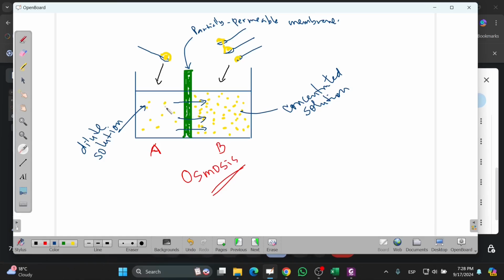Because water concentration, there is a greater water concentration on side A, right? In each portion of this container here, A, there is more water than here on B, because here there is sugar, and wherever there is sugar, there is no water.